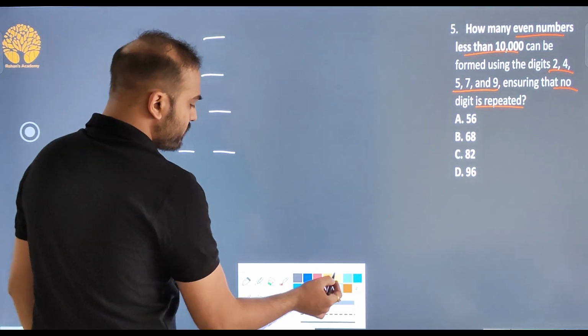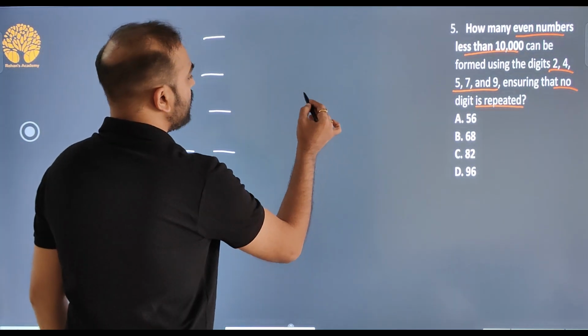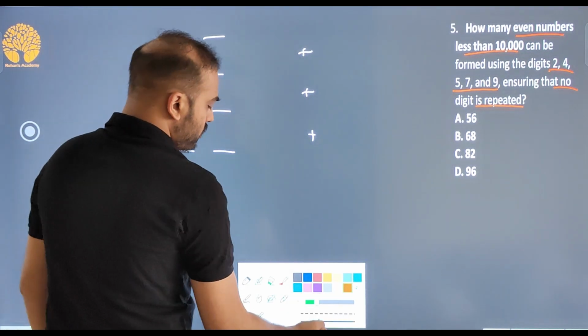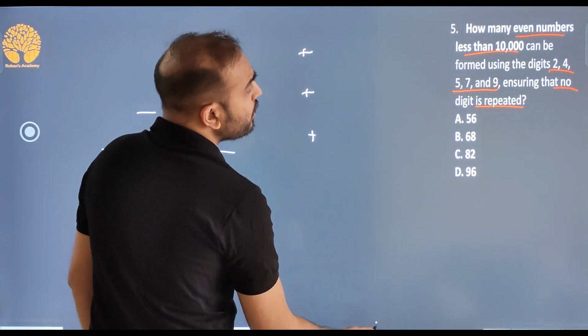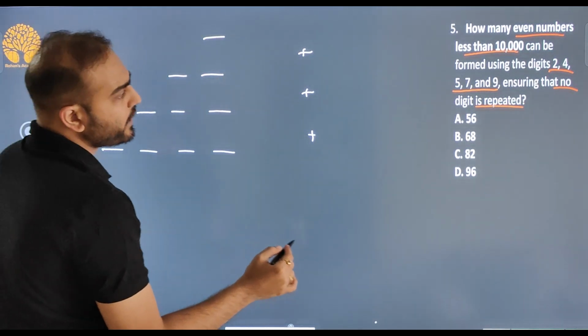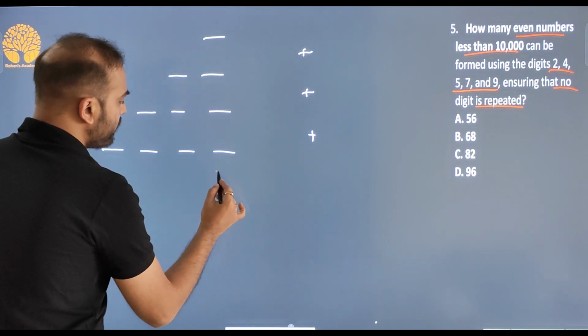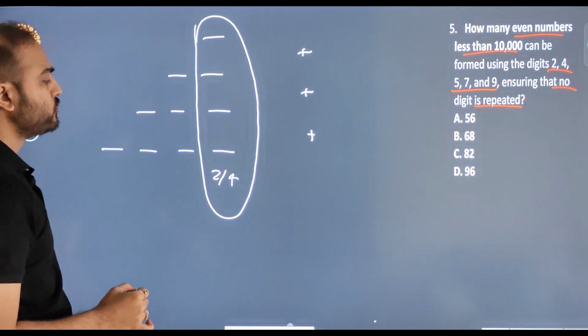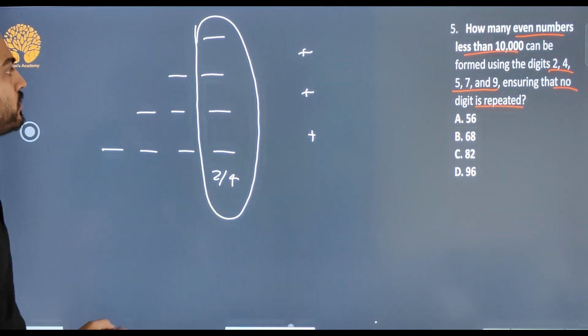We have done in the previous video that "or" means the answers will be added. Now, what is the constraint? We want even numbers. So the last digit has to be 2 or 4 every time. In all the cases, the last digit has to be 2 or 4.